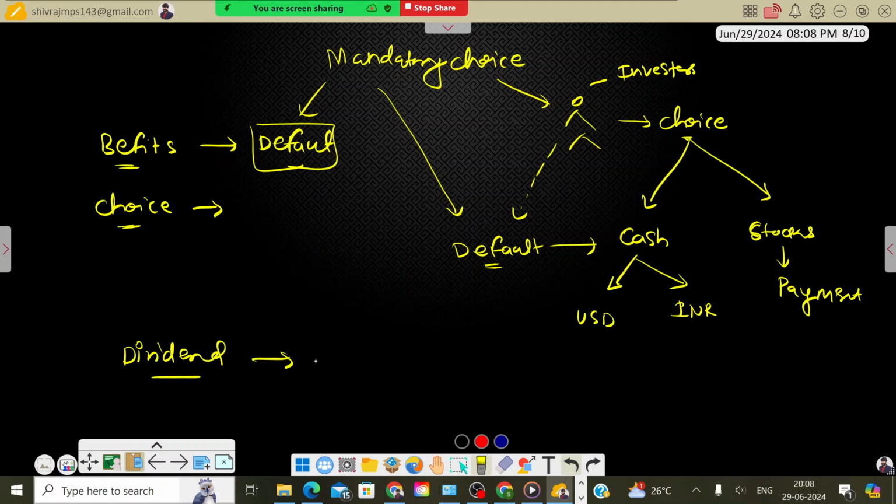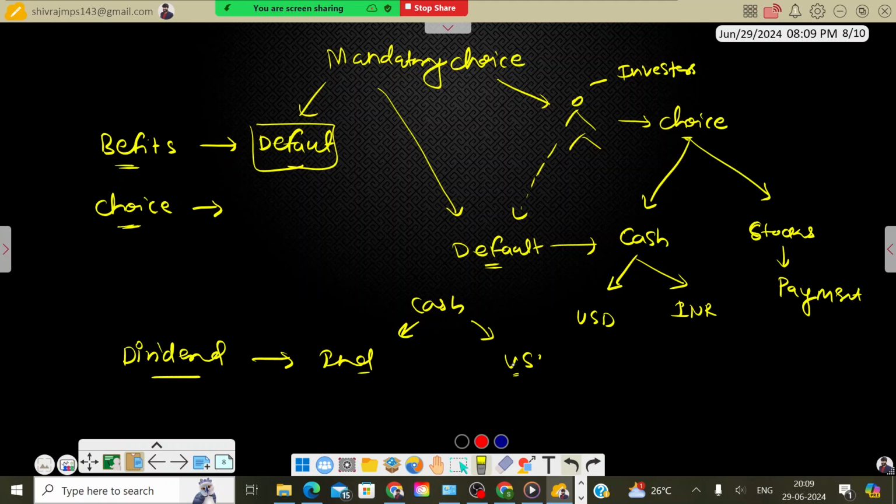Let's say the company is from India and the company has investors in the US as well. So the company decided to process cash dividend in two different currencies. So US investors can vote for payment in USD, and Indian investors can send a request or cast a vote for payments in INR.